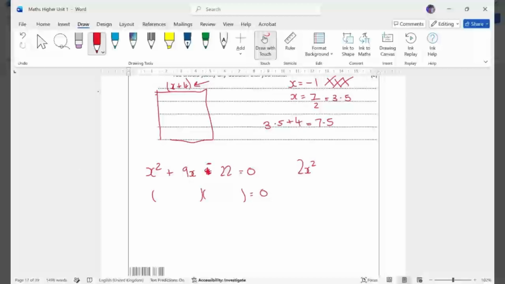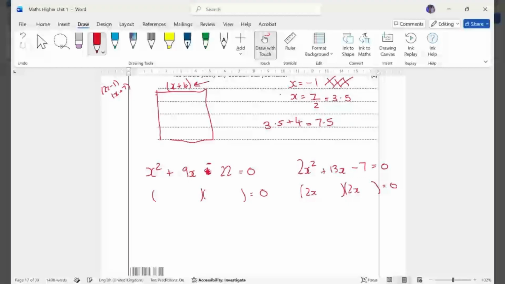I'm going to give you the answer to this one, but you try and do it. Try that, again equals 0. So this time you'd start with 2x.